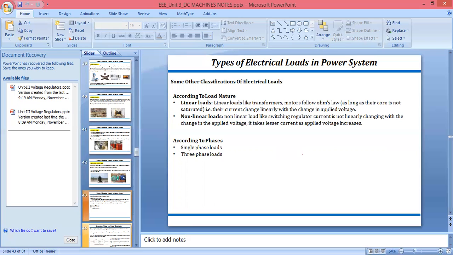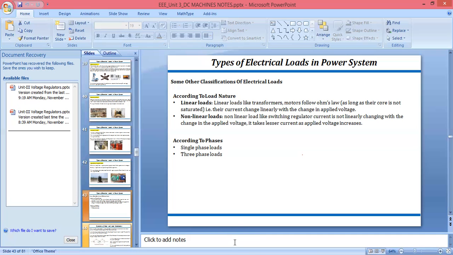According to Ohm's law, V equals I into R. It means voltage will change linearly with change in current, or current will change linearly with respect to change of applied voltage. At that time we can say this is a linear load.